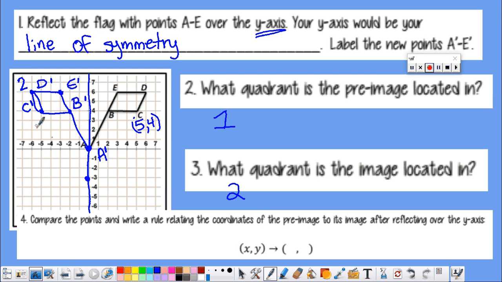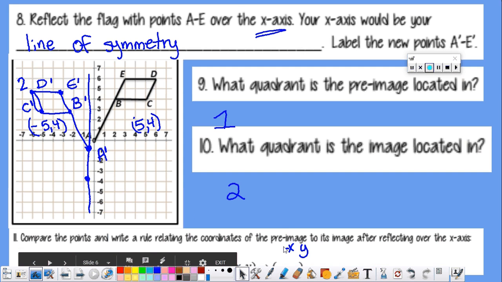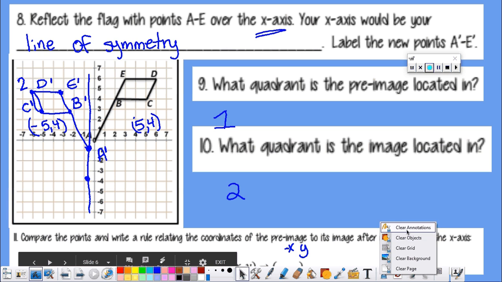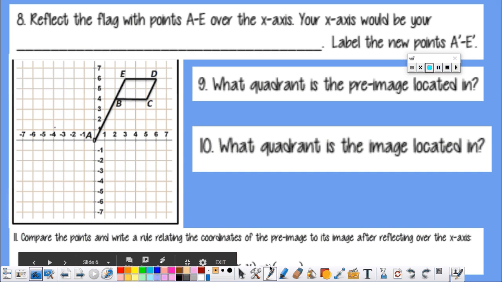C prime is -5, 4. Okay, so what happened to the x value? Well, it still has the same absolute value. It's still the same distance from 0, but it is now negative, and my y value did not change at all. Okay, so it's -x, y. All right, now we're going to actually skip that part because I want to just talk strictly about actual rotations.